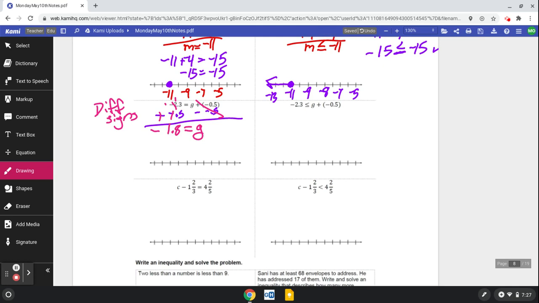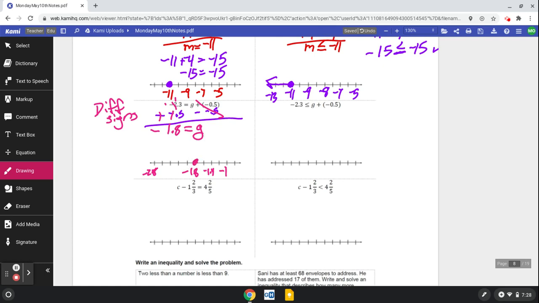Okay. So if I have a negative 1 here, that's a negative 1.2, a negative 1.4, 1.6, and a negative 1.8. So negative 2, negative 2.2, negative 2.4, negative 2.6, negative 2.8. Okay, so we just put a dot right there.